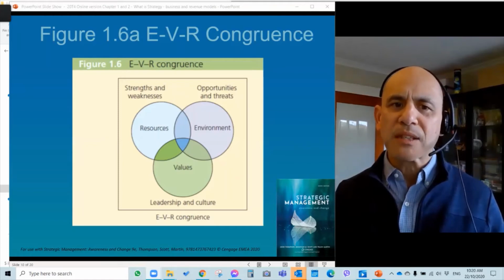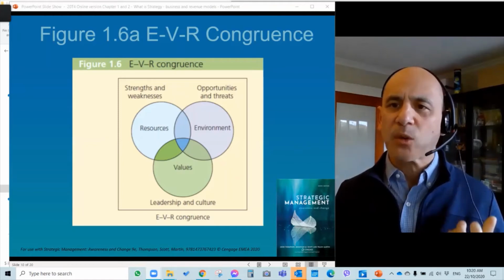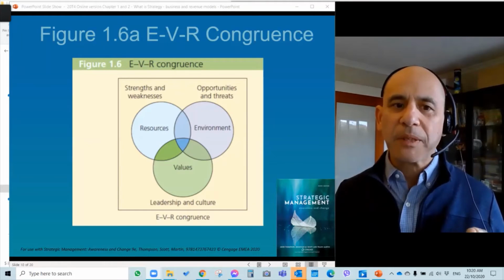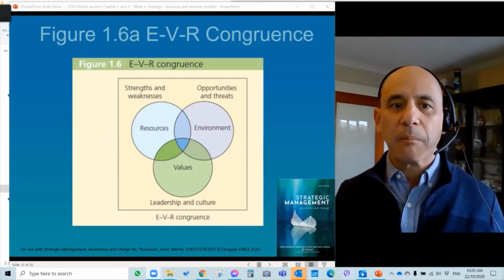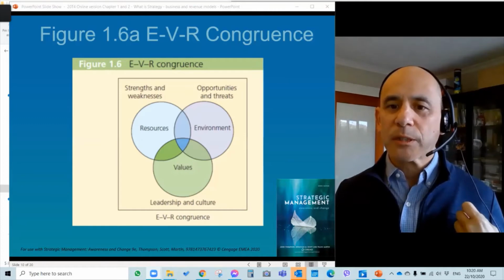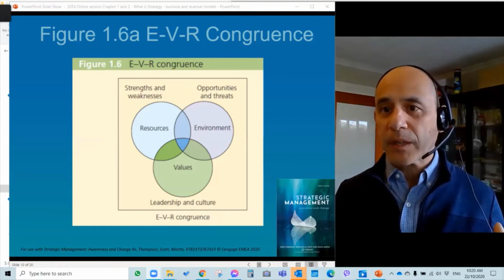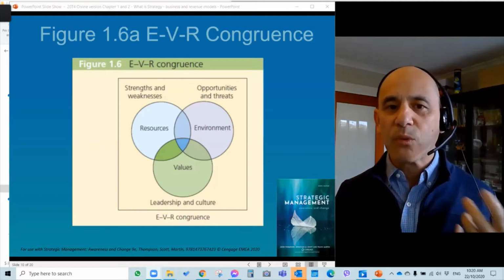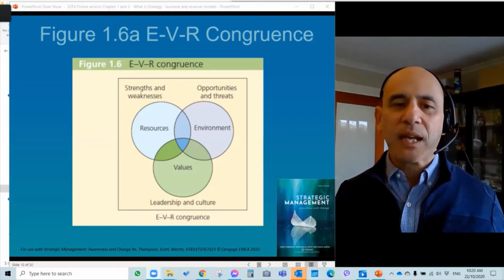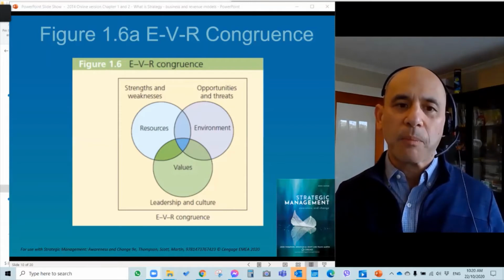Values really means the things that we believe in as a company. So if we value innovation, for example, that can form part of a strength for a company. And also the influence of a leader. Right? If the leader shares his values and influences his subordinates, that basically will form part of its internal characteristics or its strengths and its weaknesses.